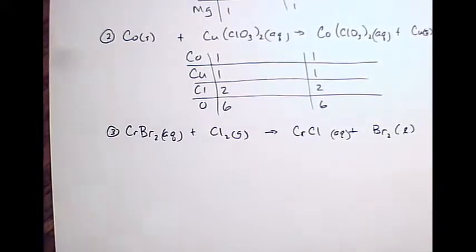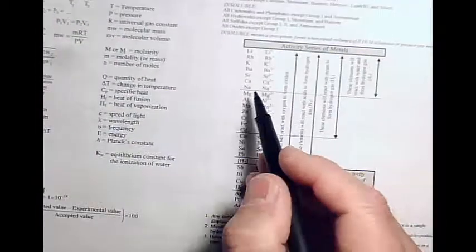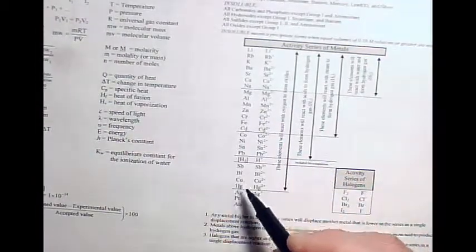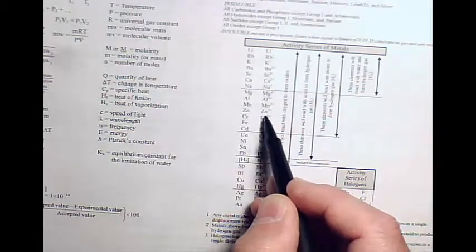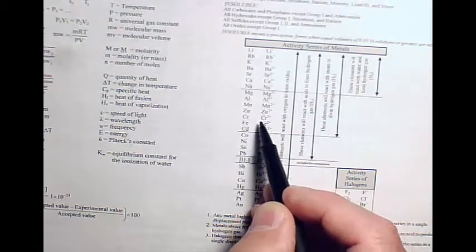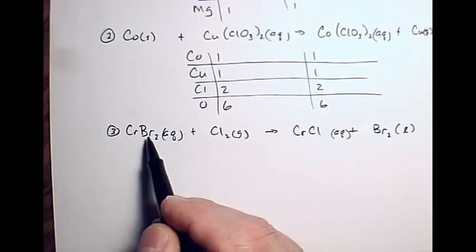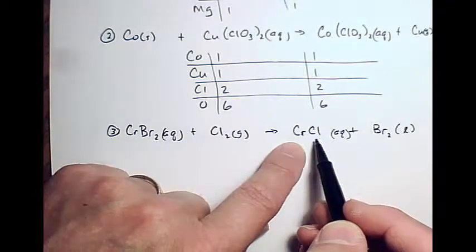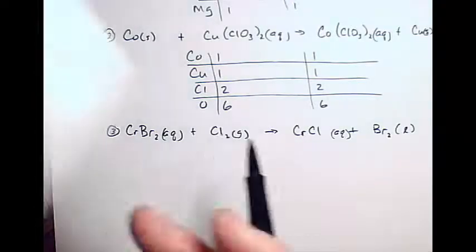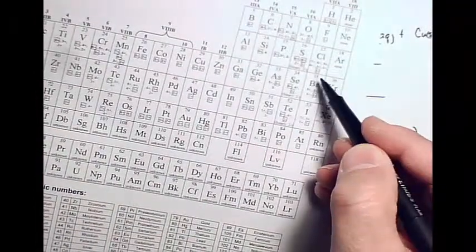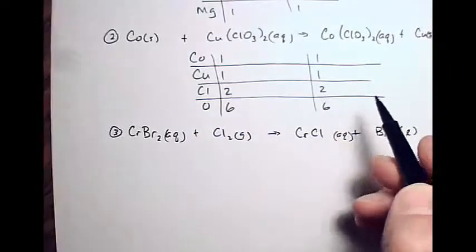We need to balance it, and it says that chromium here, where's chromium? There it is. Chromium, we're going to write as having a 2 plus charge, okay? So this is chromium(II) bromide. It'll be chromium(II) chloride. Chlorine, when it's in a binary compound, has a negative charge, okay?